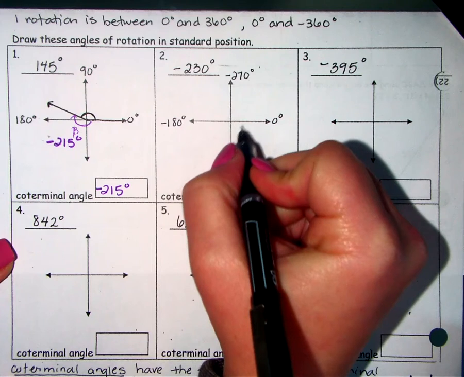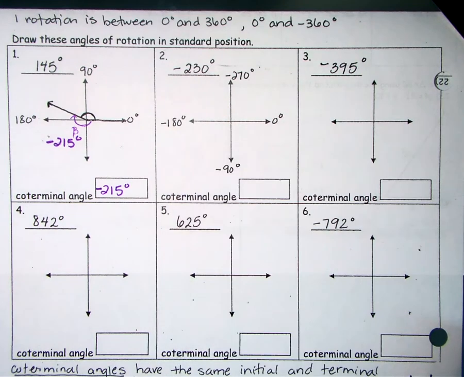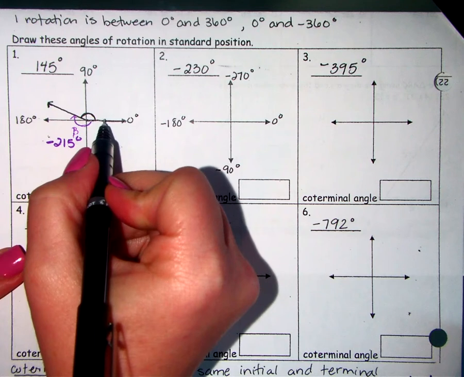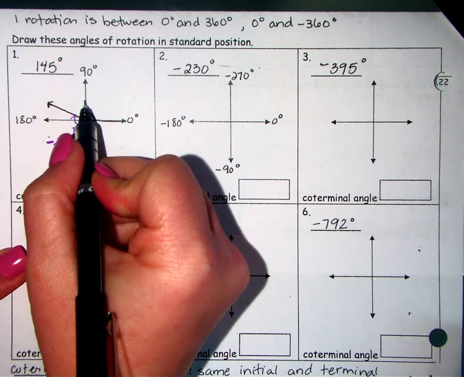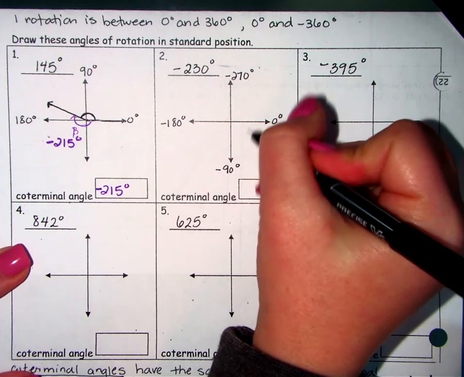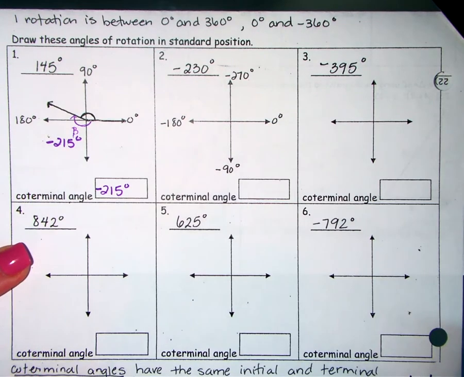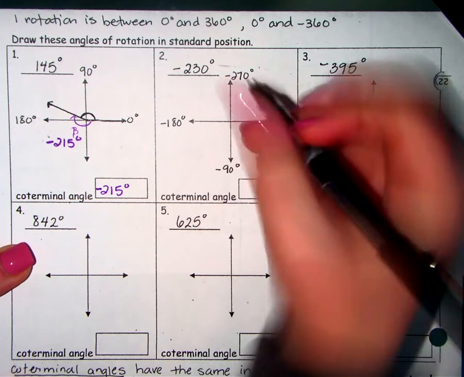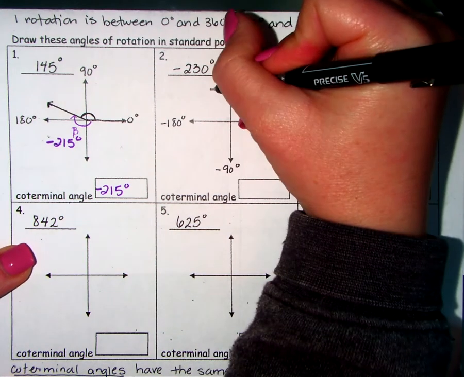Going in a negative direction, those would be the same degree measurements as if I was moving in a positive direction. Going 1/4 of the way up in a positive direction is 90, so going 1/4 of the way down is negative 90. If I'm moving in a negative direction, I can see that negative 230 is somewhere around here.